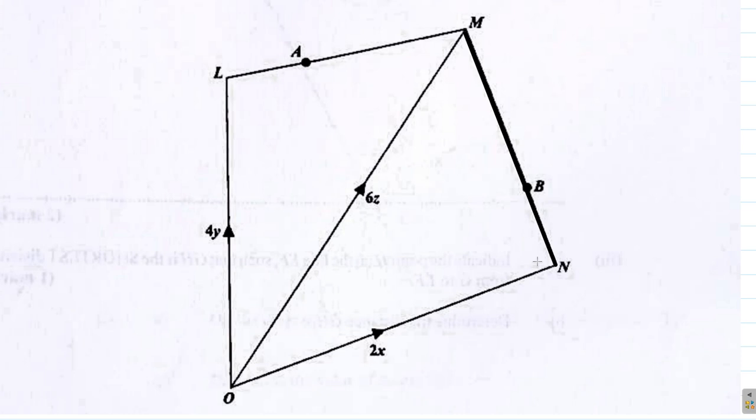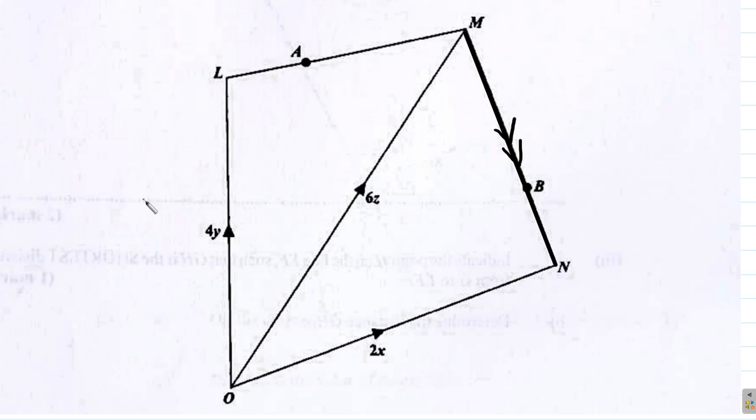Now you will use the triangle law or parallelogram law, equivalent, they give you the same thing. If you move from M to N, here what you will have is MN being some resultant. You're going to add 2 vectors to get MN as the resultant.